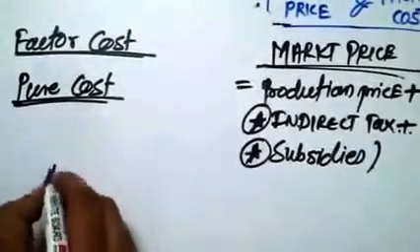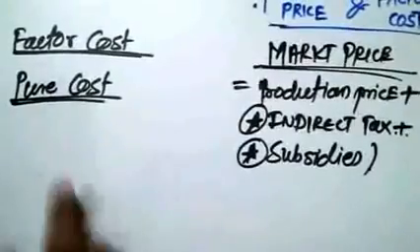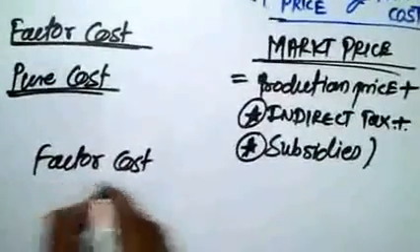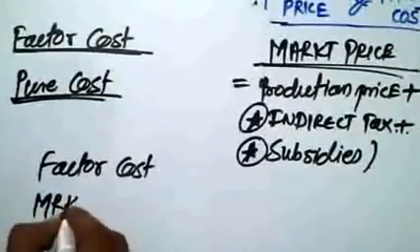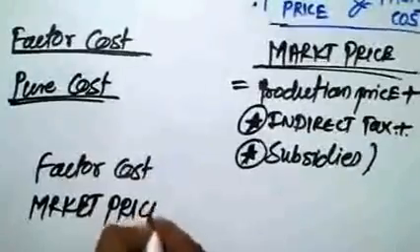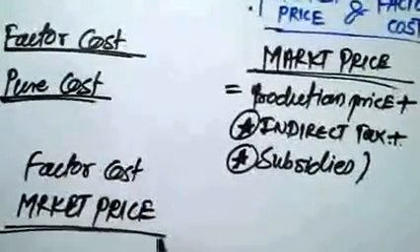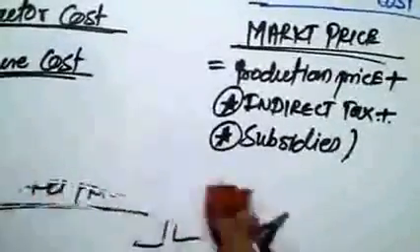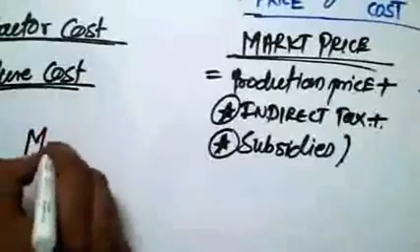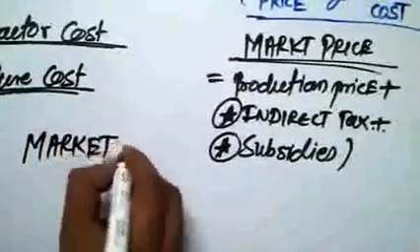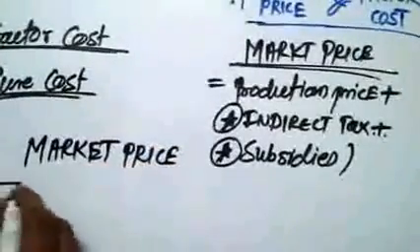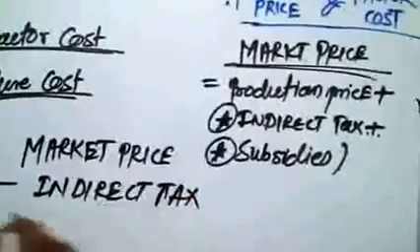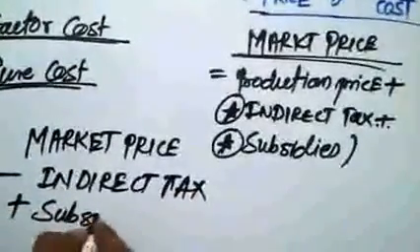So simply, if we have to get factor cost from market price, we have to minus the indirect taxes and plus the subsidies.